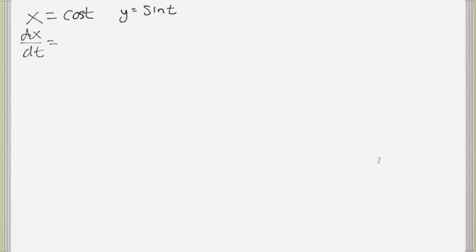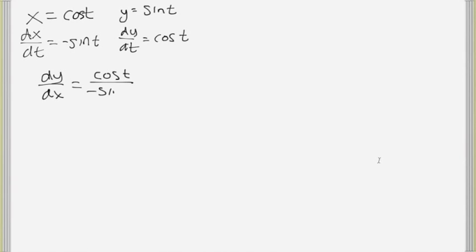The derivative of cosine is negative sine, and the derivative of sine is cosine. So if I want dy dx, I take the y derivative and divide by the x derivative.